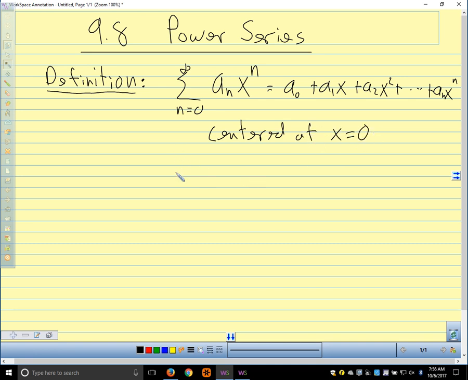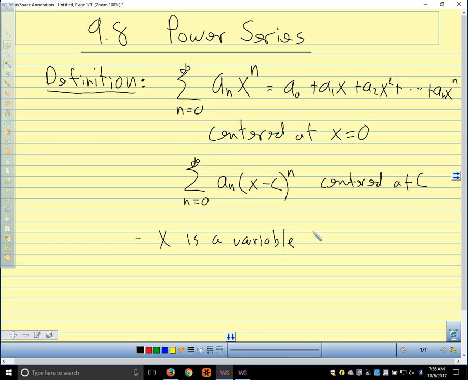If we center at some other number, we get a sub n times (x minus c) to the n. And here x is a variable, so that's what makes these a function.